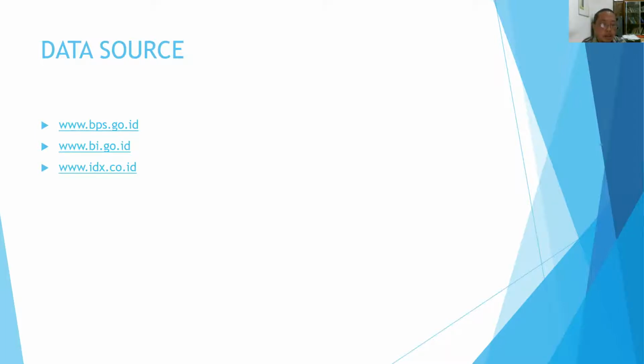It belongs to the Indonesian Stock Exchange, or Bursa Efek Indonesia. There is a lot of company data, especially financial data, that you can download from this website. I will also give you an example of those websites as our data resources.